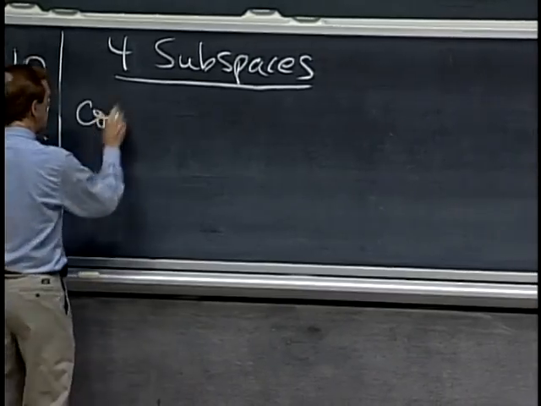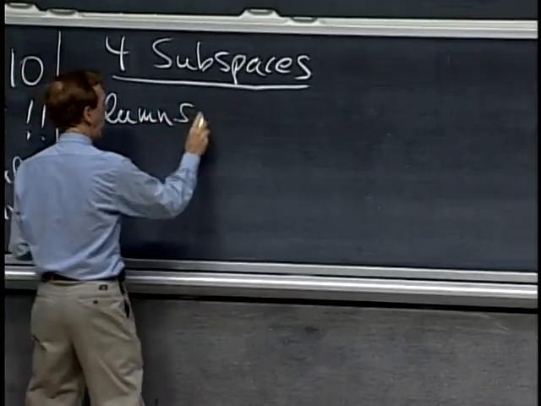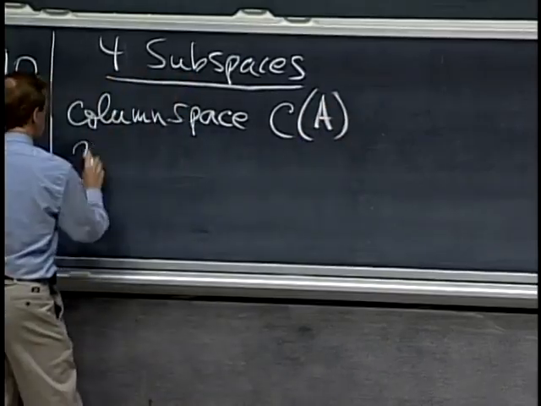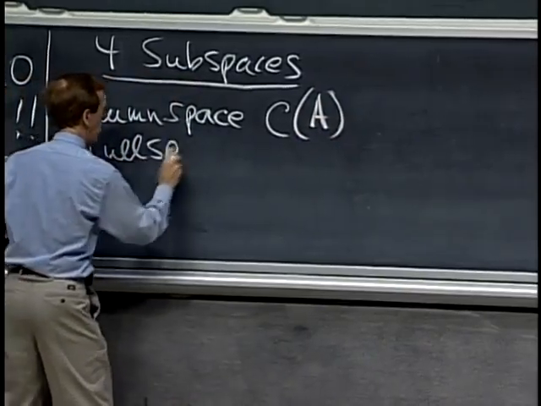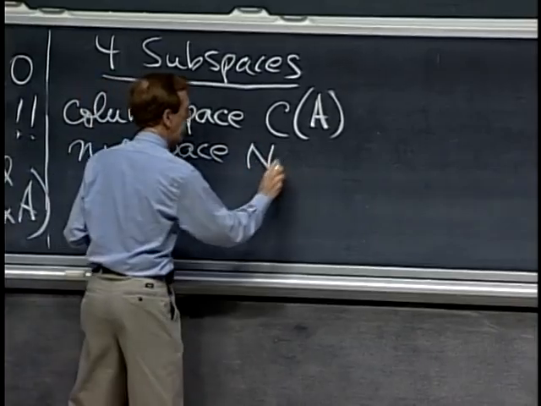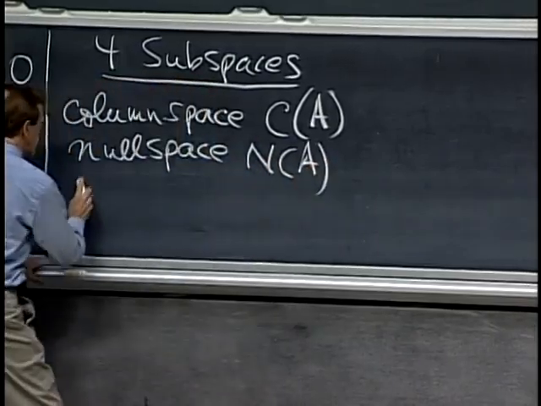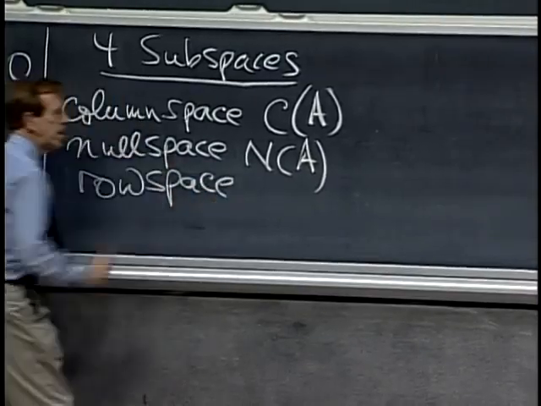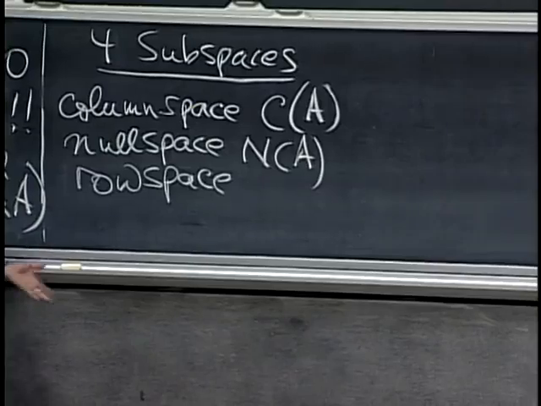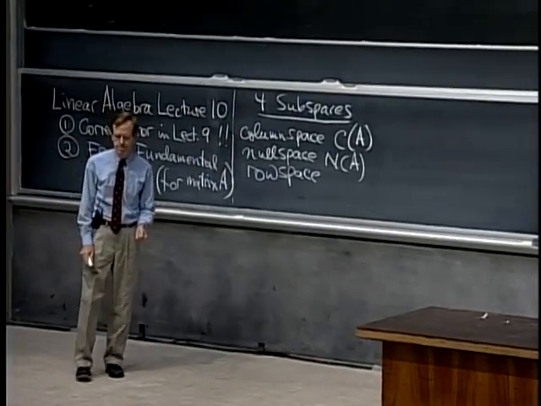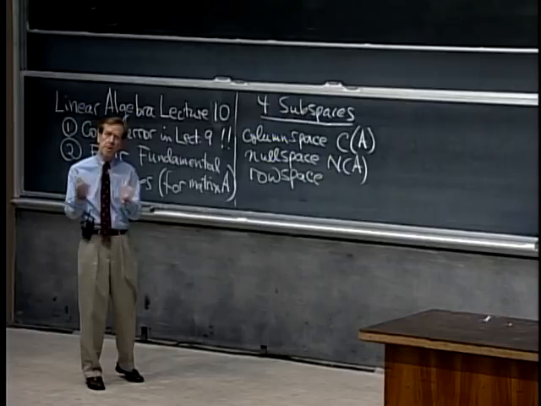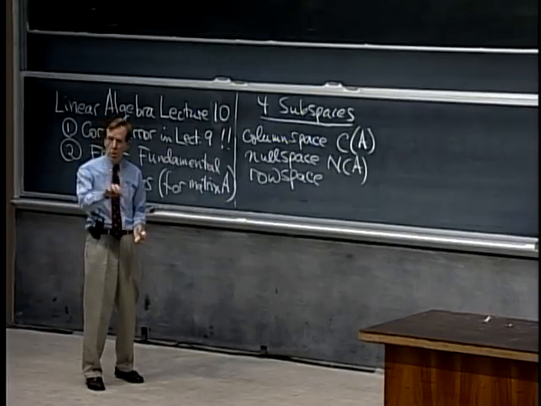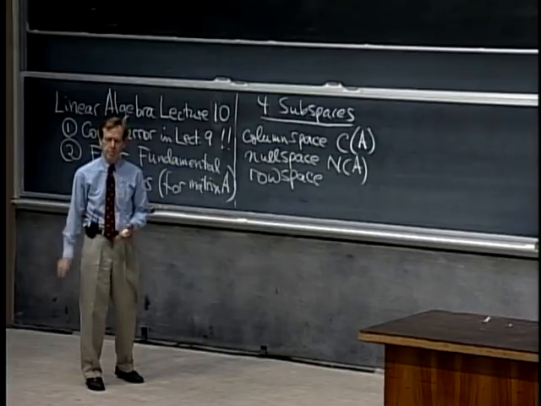The column space, C of A. The null space, N of A. And now comes the row space, something new. The row space. What's in that? It's all combinations of the rows. That's natural. We want a space, so we have to take all combinations, and we start with the rows. So the rows span the row space.